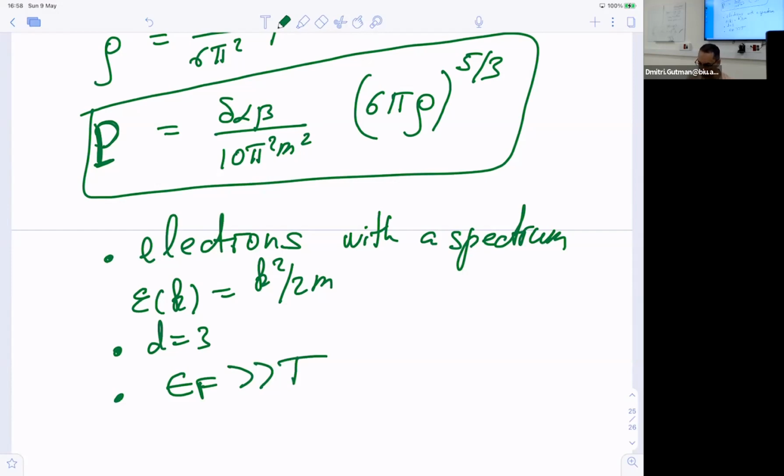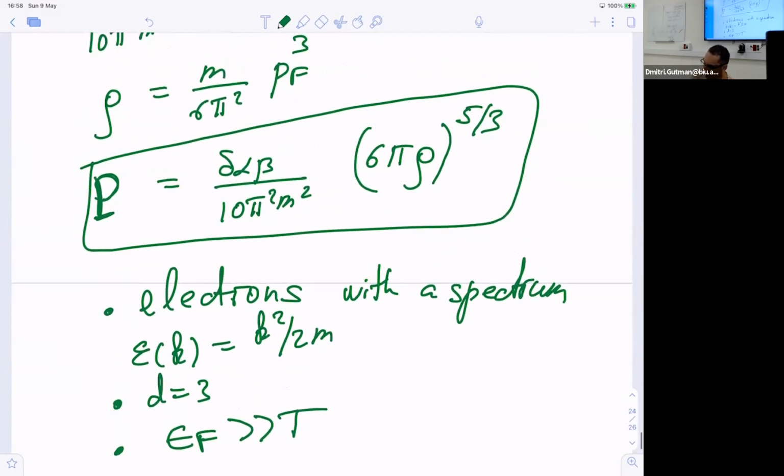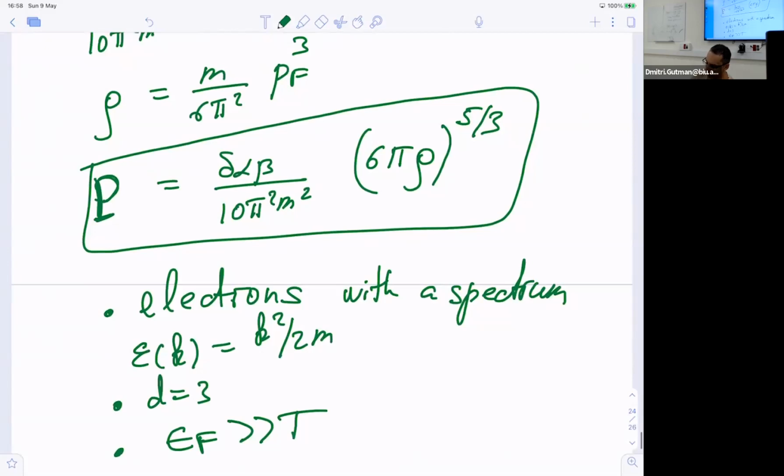So once these things were used, we got a relation between pressure as a function of coordinate and time through density as a function of coordinate and time. So if you know locally what is the density of electrons, you know what would be the pressure at the same point.